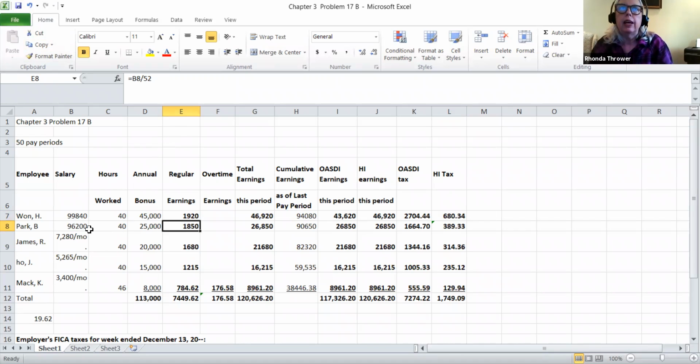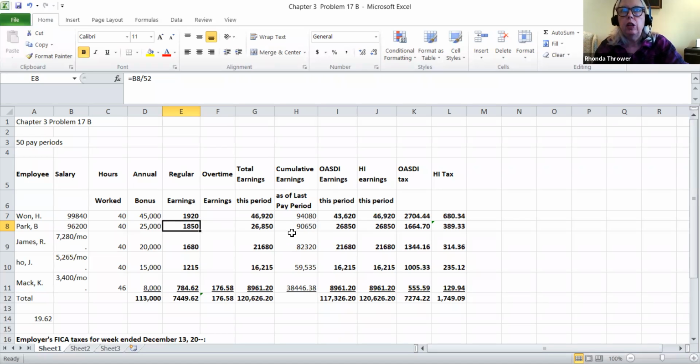So 96,200 divided by 52 is going to give you $1,850 as the regular earnings. The total earnings for this pay period on the 50th pay period would be the $1,850 salary plus the bonus of $25,000. So the total amount of earnings that he had for this period of time is $26,850.